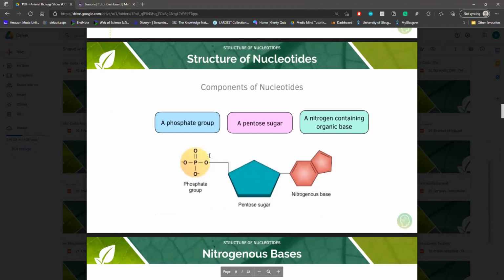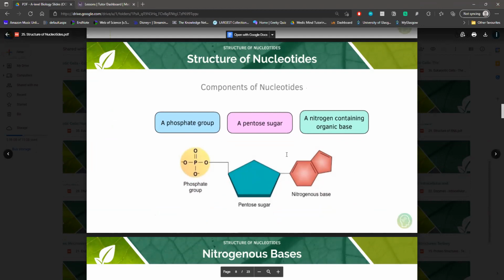The key structural connection of all nucleotides is the presence of an inorganic phosphate group, a pentose sugar, so a 5-carbon ring sugar, and a nitrogen-containing organic base. Based on this key definition of a nucleotide structure, can you think of another molecule that is considered a nucleotide?